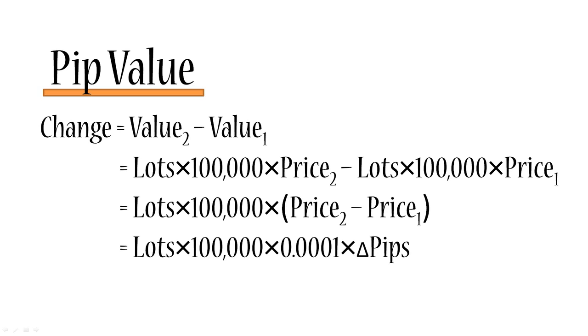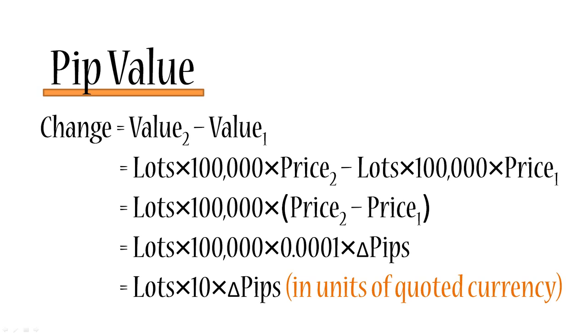And we know that regardless of whether we're using a 4-digit or 5-digit broker, pip is always 0.0001. So here we're replacing price 2 minus price 1 with delta pips times 0.0001. And next, we combine the 100,000 times 0.0001, which gives us 10. So the change in value is always equal to lots times 10 times delta pips and is measured in the units of quoted currency.